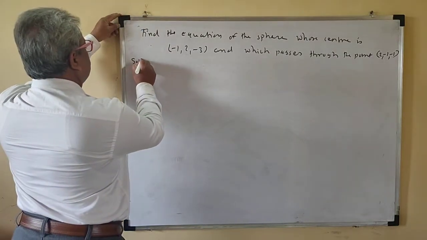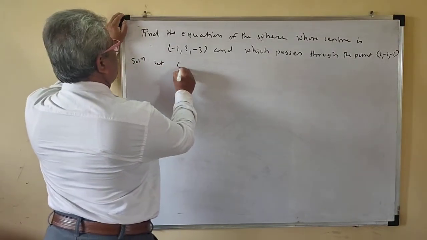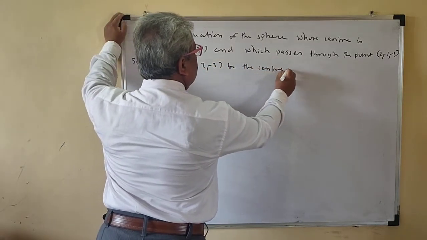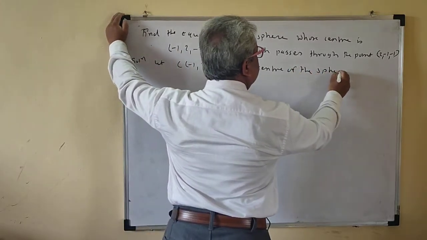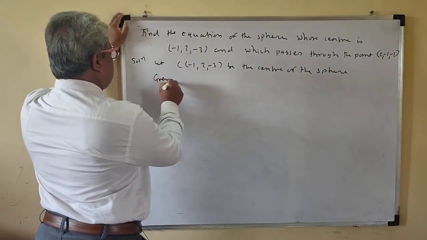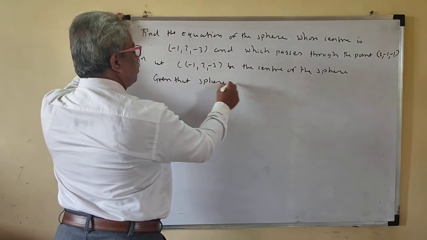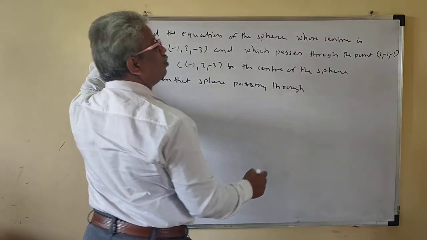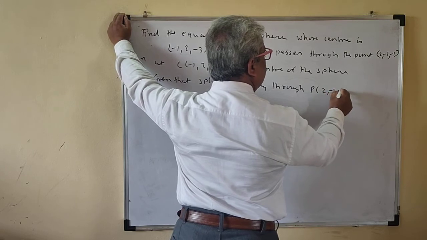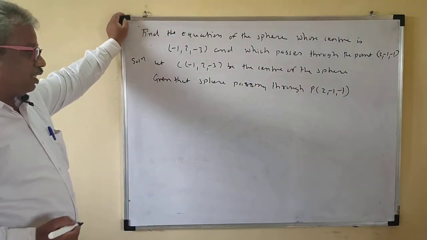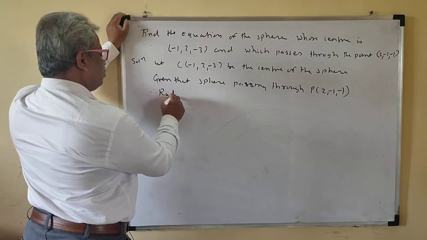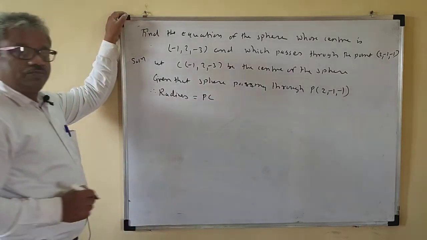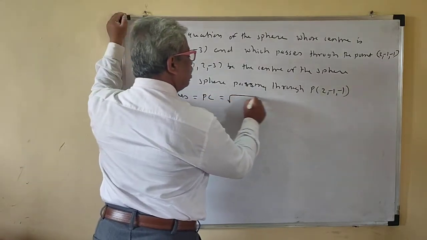Okay, solution. Let C(-1, 2, -3) be the center of the sphere. Given that the sphere passes through P(2, -1, -1). So therefore, radius is equal to CP or PC, whatever. We'll find this by the distance formula.